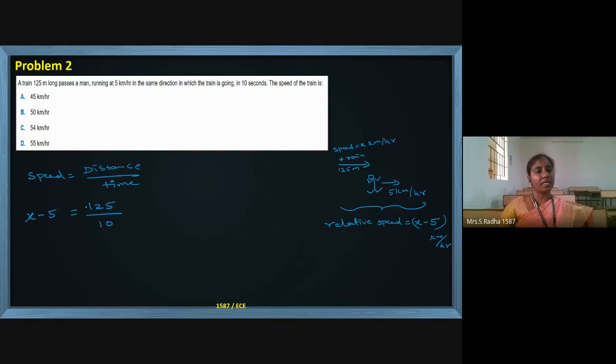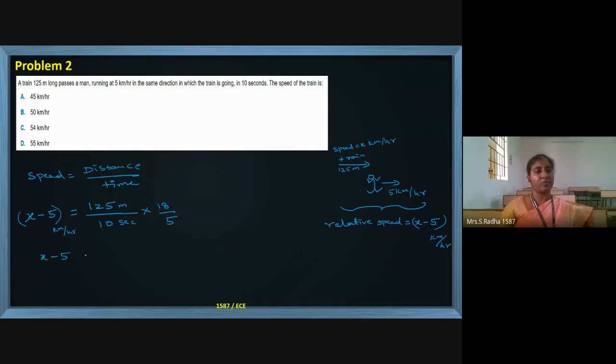Now the RHS is 125 by 10, numerator in meter, denominator in seconds. I have to convert it to the upper unit, because on the left side I have kilometer per hour, so I am multiplying with 18 by 5.